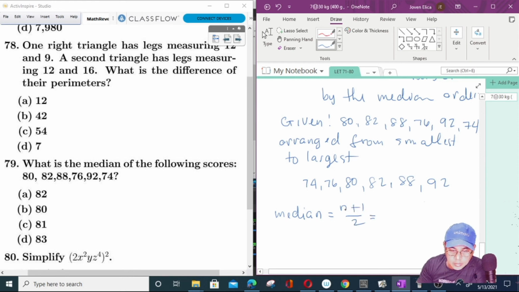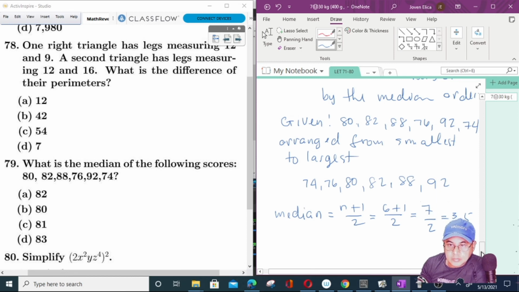Our n is the number of data, 1, 2, 3, 4, 5, 6. So we have 6 plus 1 over 2, which is 7 over 2, which is equal to 3.5.